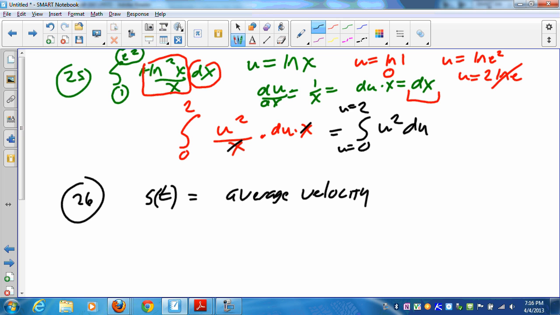The average velocity. Since this function is over time, if you graph the position, this is t, and this is, say, meters, for instance. If you got some function here, and you want to know the average between 2 points, the average velocity is the slope of the secant line, right?